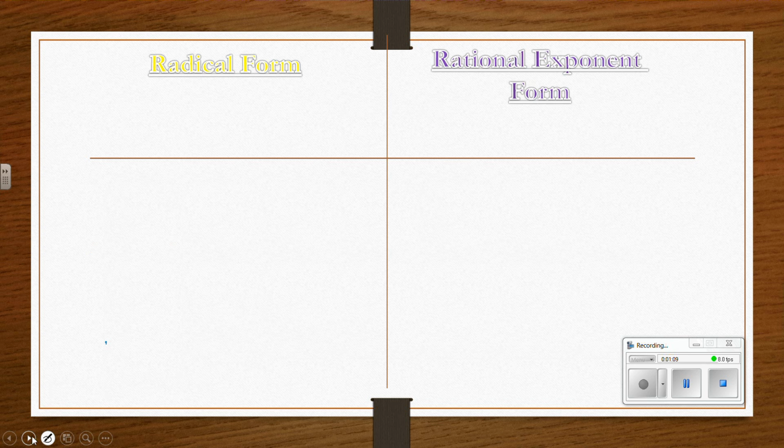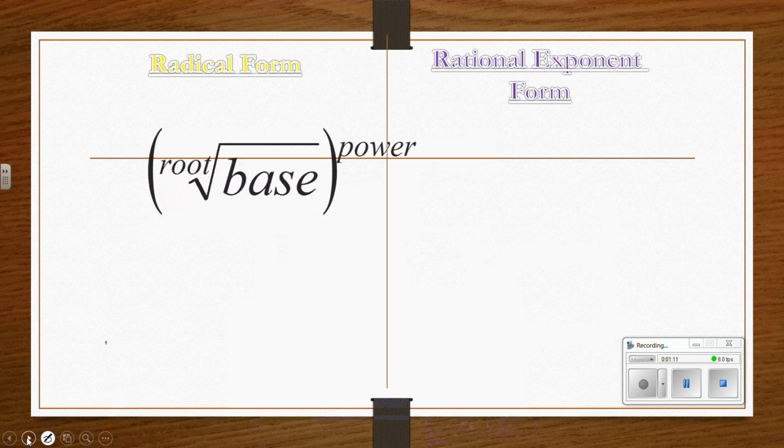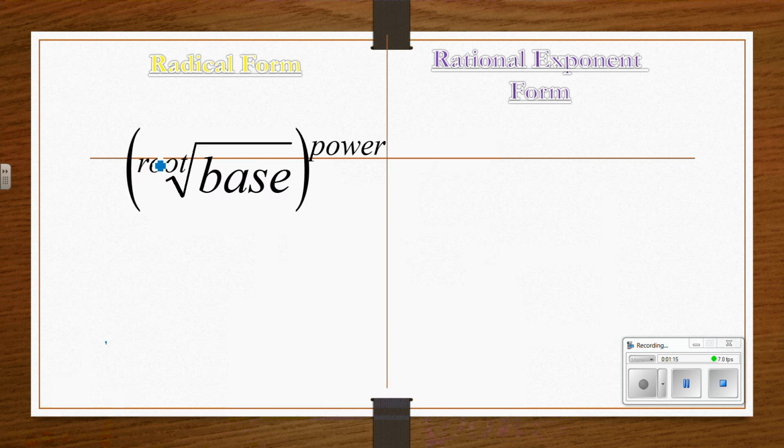Radical form. If something is written in radical form, it'll have a root, a base, and a power. In your notes, there's a space for root, base, and power.